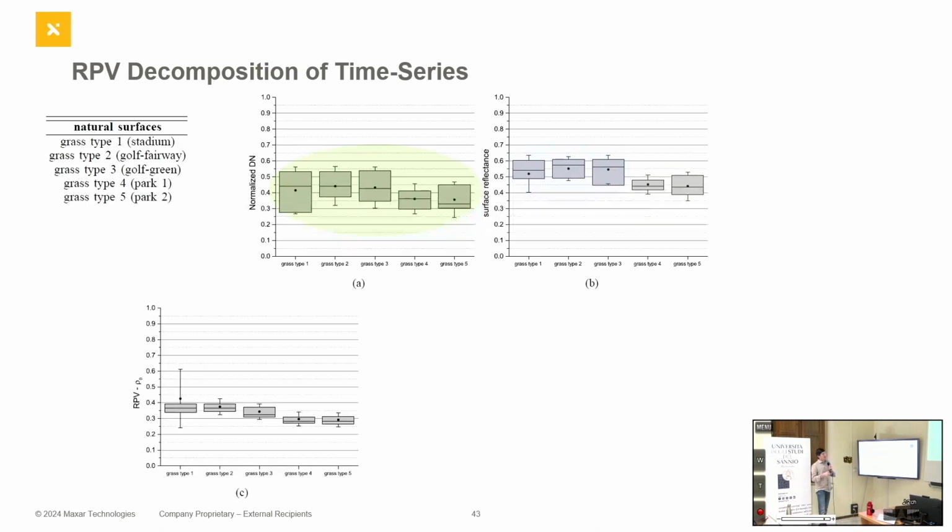Now, if you do the same by using the RPV decomposition, the first component, which is similar to what the surface reflectance is, is actually the amplitude, right? So it's really the same. You can cluster those objects in the same way. And I don't know if you guys can see the colors there, but there are like 2 clusters here, 2 bubbles. You can probably see them better.